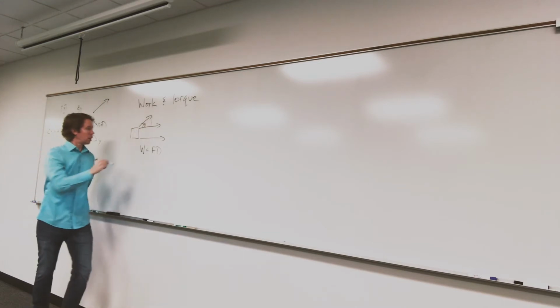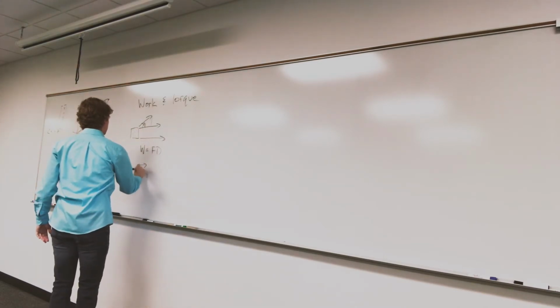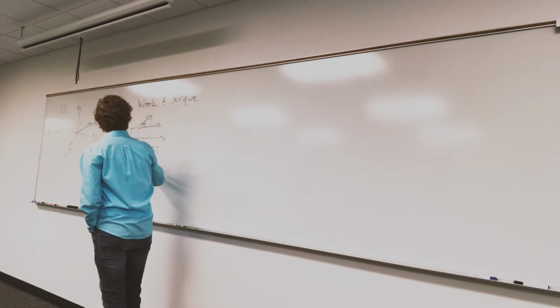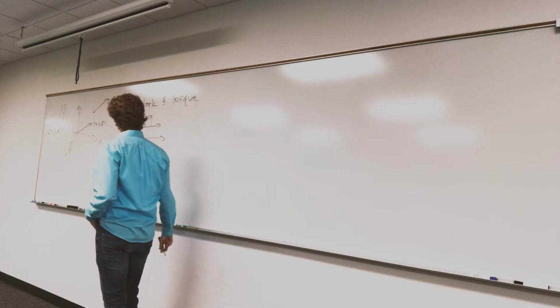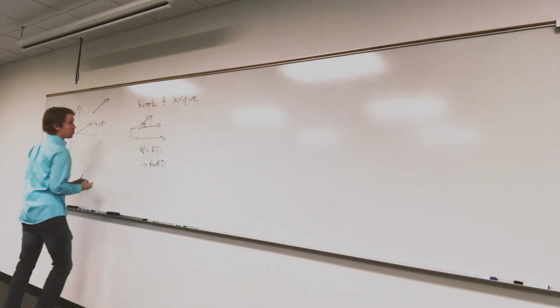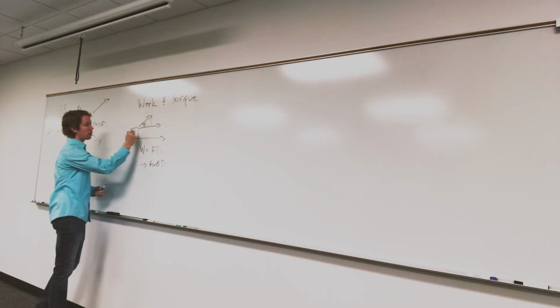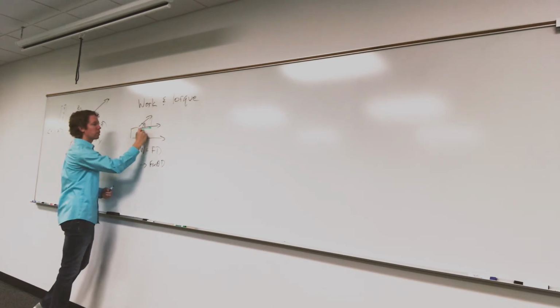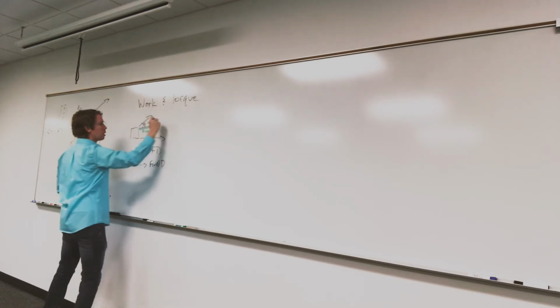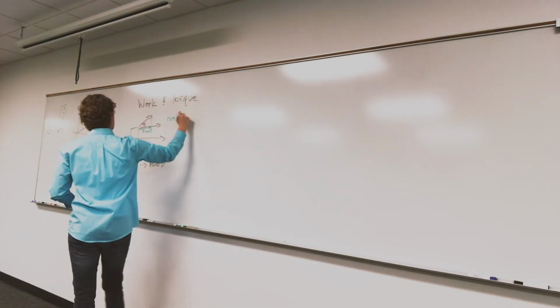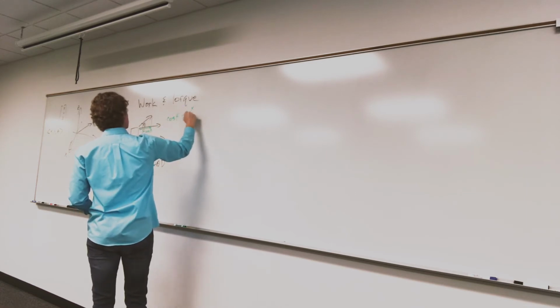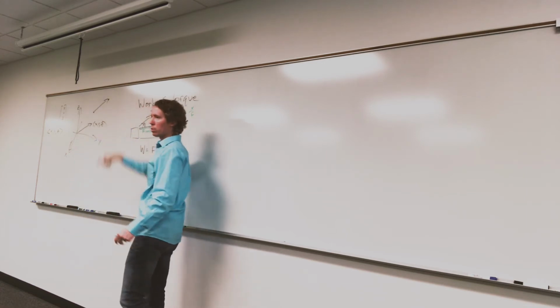And so if you use that, then you get, what is it? F cosine theta times the displacement. So what you're basically doing is you're calculating this length. This is F times cosine theta, because cosine theta is this length, I'll call it X, over this length, which is the magnitude of the force.